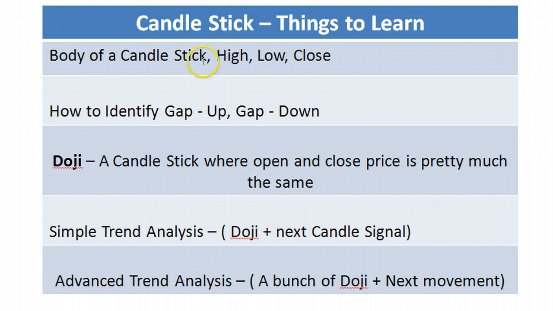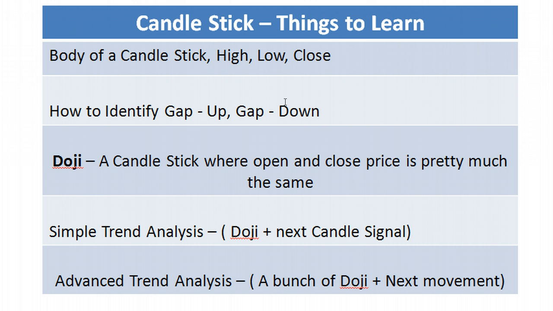So these are the very basics of judging a particular candle, and then how to identify a gap up or gap down, because a particular candlestick only represents the movement that happens during the intraday movement, from morning 9:15 a.m. to evening 3:30 p.m. One candlestick at least does not represent what happens between one day and another day.